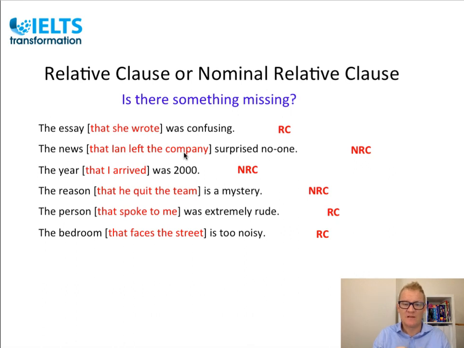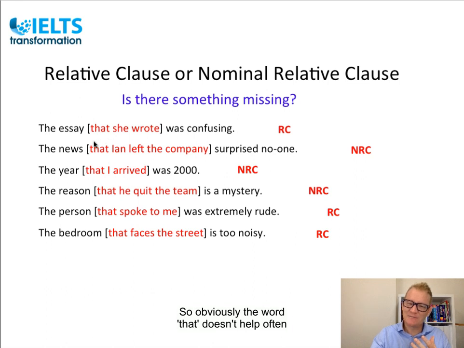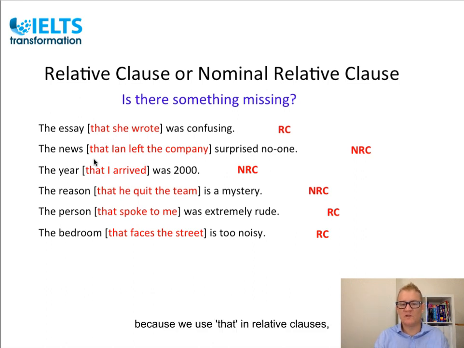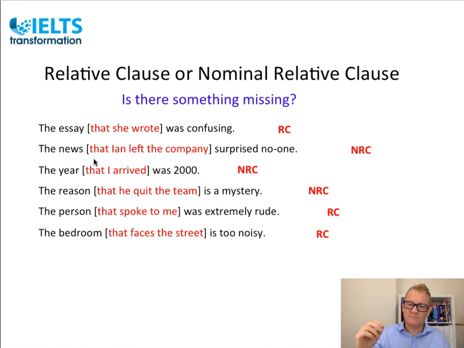So obviously the word that doesn't help often because we use that in relative clauses, we use it in noun clauses. For example, I know that you will pass your test. So that you will pass your test is the object of know.